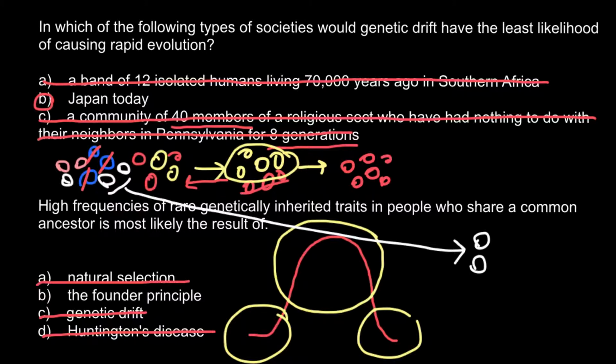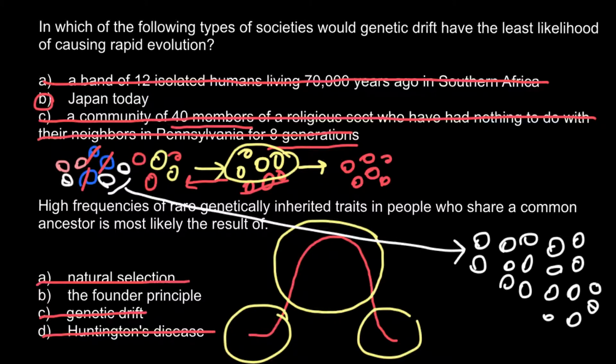So initially there was only one couple, and then this couple had progeny, and in the following generations we would have more and more progeny, but all of them would be genetically uniform if we compare with this community, because here we have founder principle. We have by chance only two people who would have the same alleles, and they would start a whole new community that would be genetically uniform.